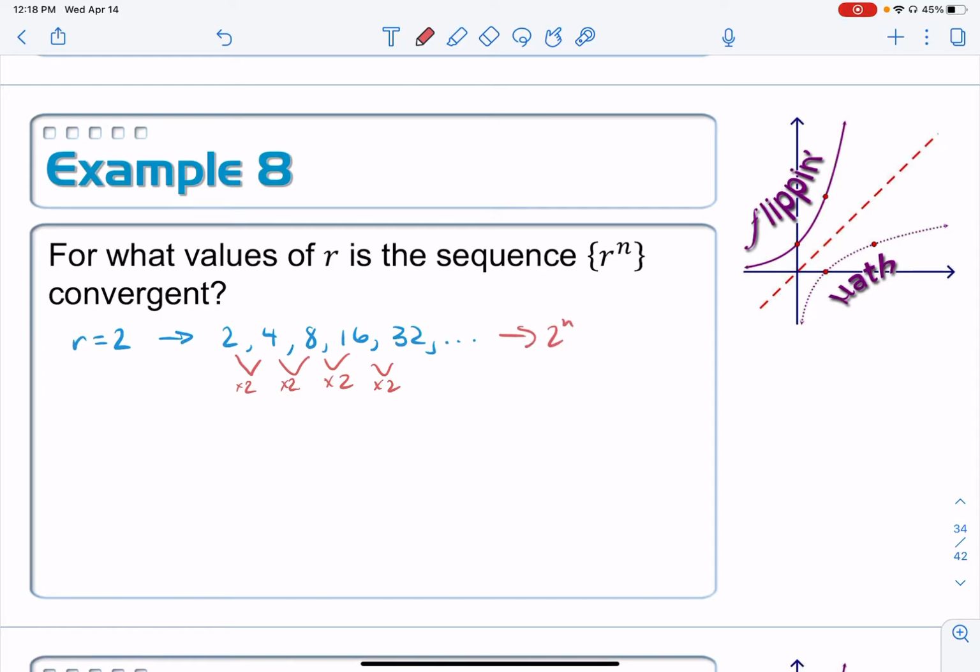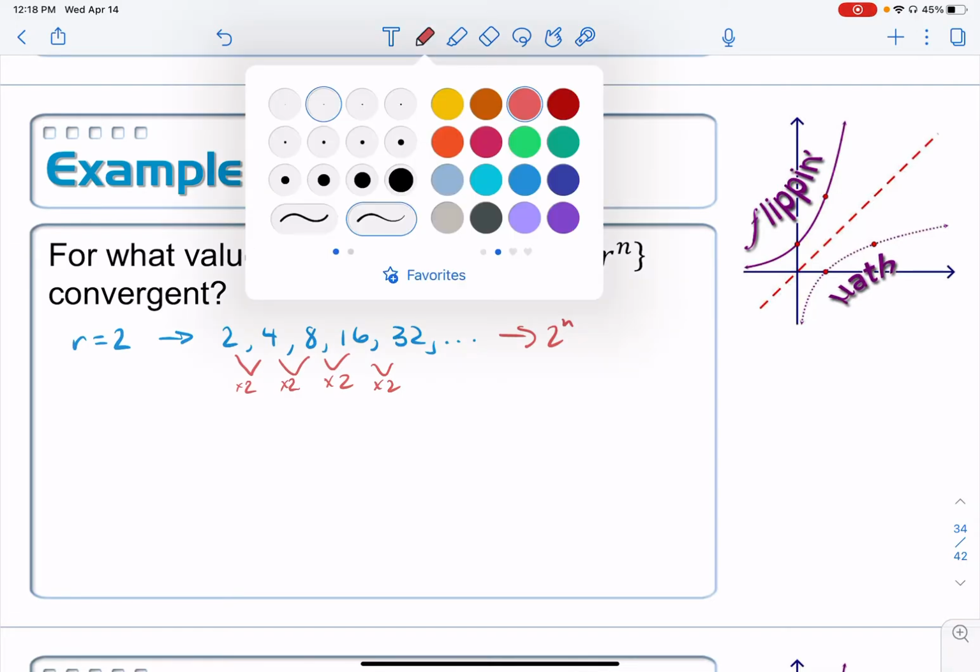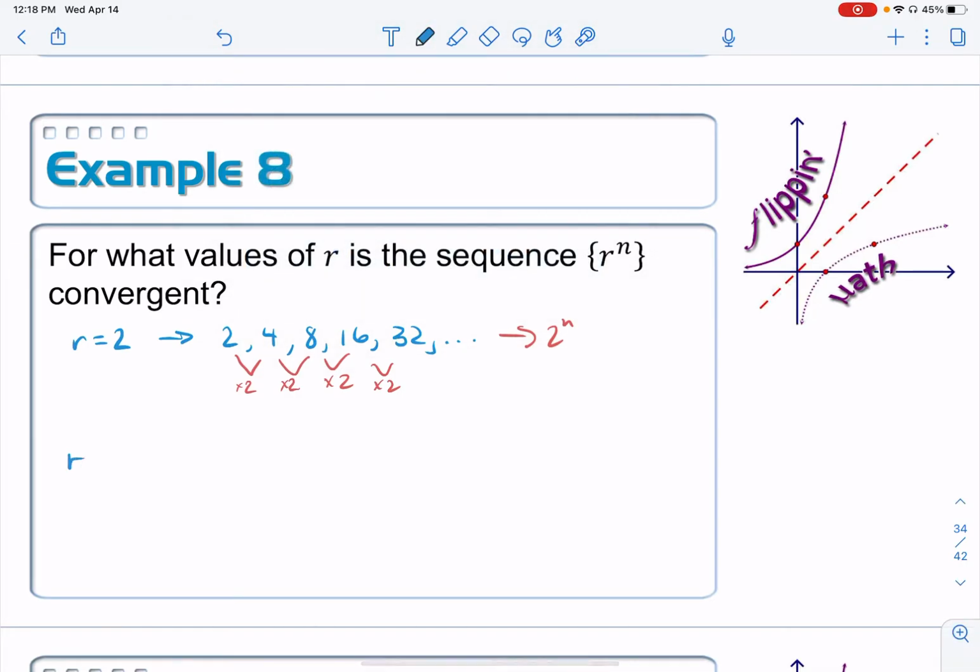Would that converge? No, obviously this is exponential growth. It's just going to keep getting bigger and bigger. So what if instead I did r equals a half? Then you have a half, a fourth, an eighth, a 16th, 1 over 32, and so on.